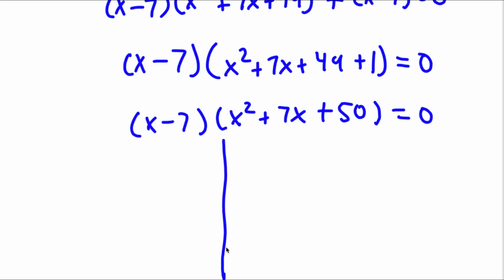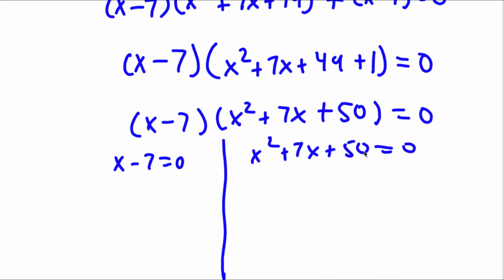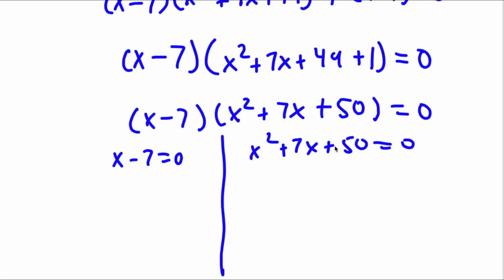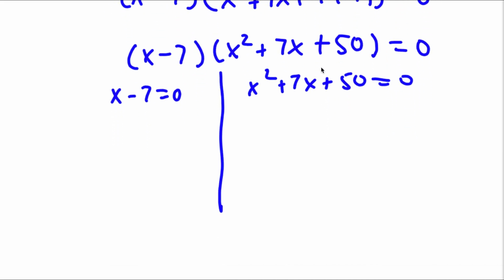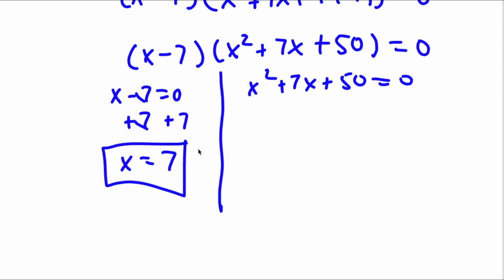So now this gives me two equations. I have x minus 7 is equal to 0, and I also have x squared plus 7x plus 50 is equal to 0. Now for x minus 7 equals 0, I can simply add 7 on both sides, so these two cancel out, and I'll be left with x equals 7.